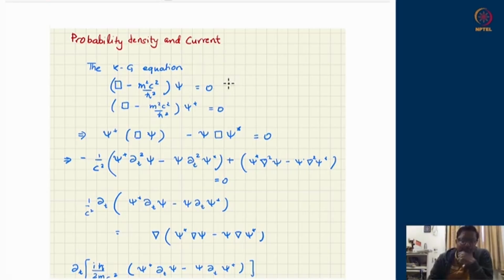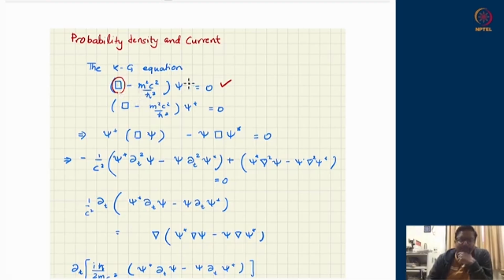So again, we start with the Klein-Gordon equation, which is this. You can see that the box operator over here is made up from the double derivatives of space and time, all coming with real coefficients. And then there is a rest momentum term m square c square divided by h bar square acting on psi. So all the operators which are acting on psi are real quantities, meaning real derivatives.